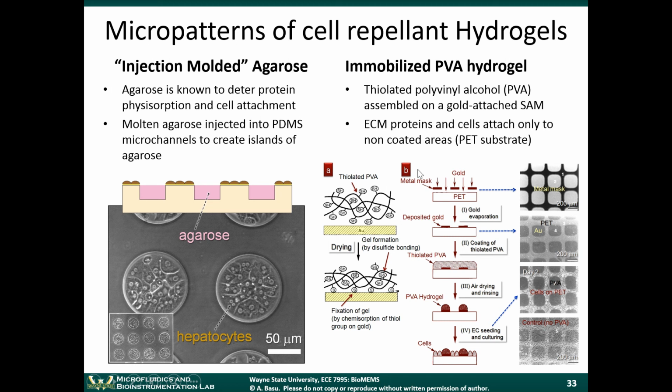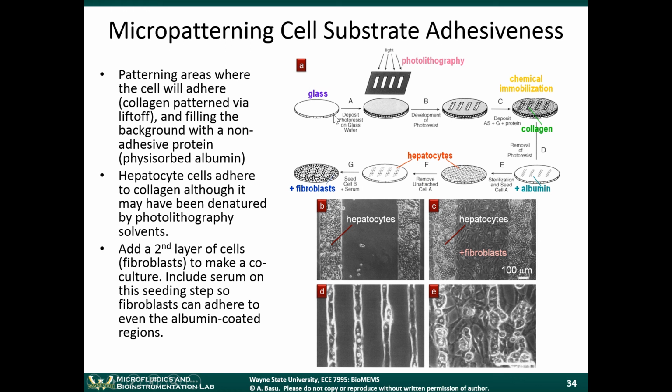We talked about that. There are ways that you can create co-cultures of cells, creating structures similar to what's in the body by co-culturing two cell types. So you can do two layers of cell patterning. In this case, the first patterning, which was done through a photoresist stencil, was used to pattern one layer of cells.